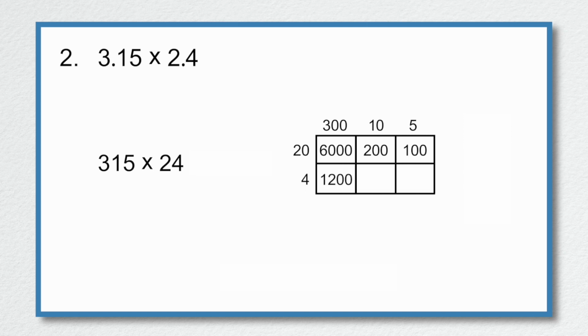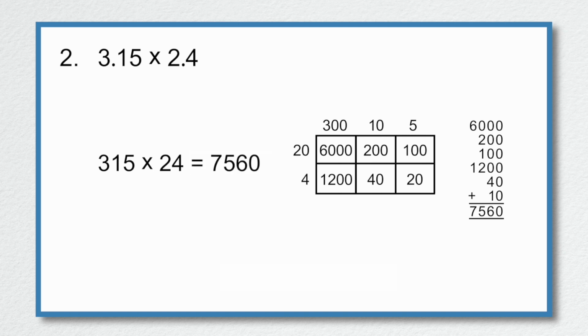We've got 10 multiplied by 4, which is equal to 40, and we've got 5 multiplied by 4, which is equal to 20. And if we add those all up, we end up with 7,560. 315 multiplied by 24 is equal to 7,560.